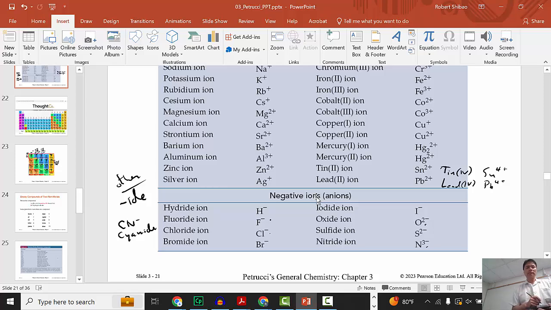What else? Peroxide. Peroxide is O2 2 minus, so each oxygen has an oxidation number of -1. That's peroxide. And amide, which would be the ammonia analog.